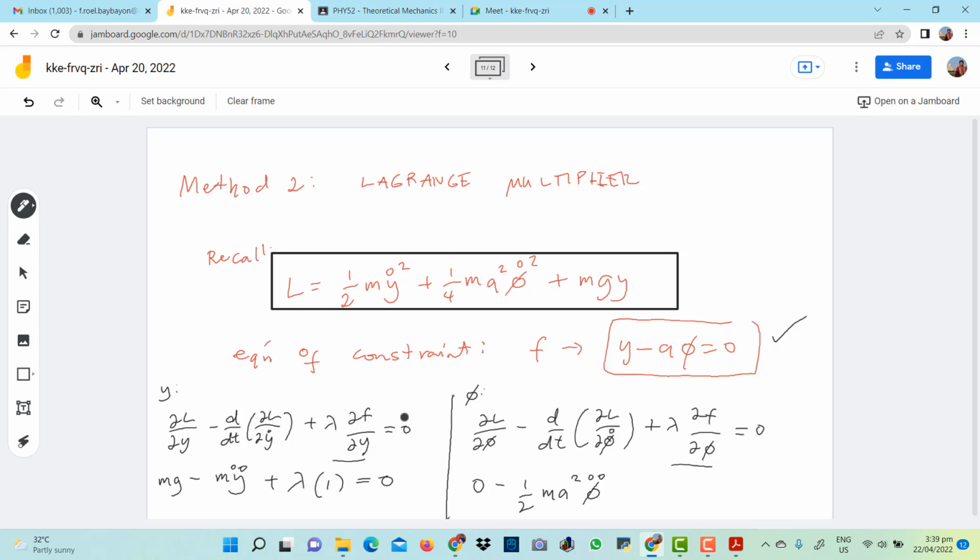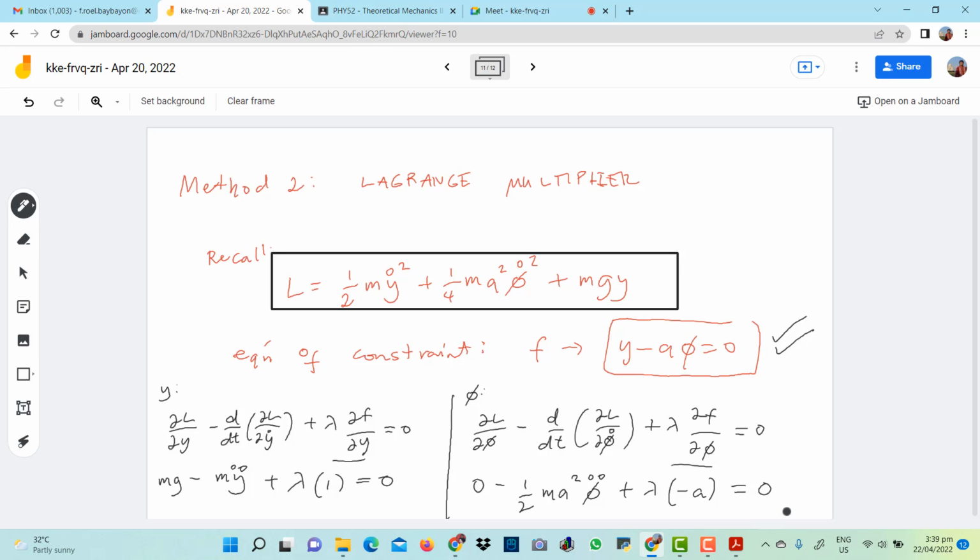Correct? I have phi double dot there. Plus lambda times what's partial of f with respect to phi? Based on this, look at the equation. What is the derivative of my f with respect to phi? What is the answer? Negative a, sir. Negative a. Yeah, that's correct. It's negative a, equal to 0.